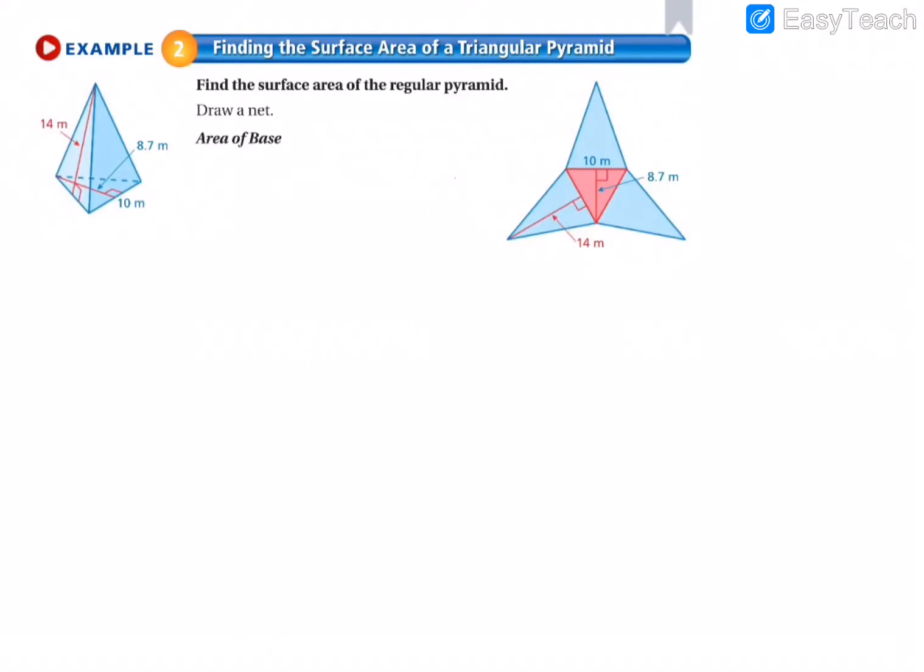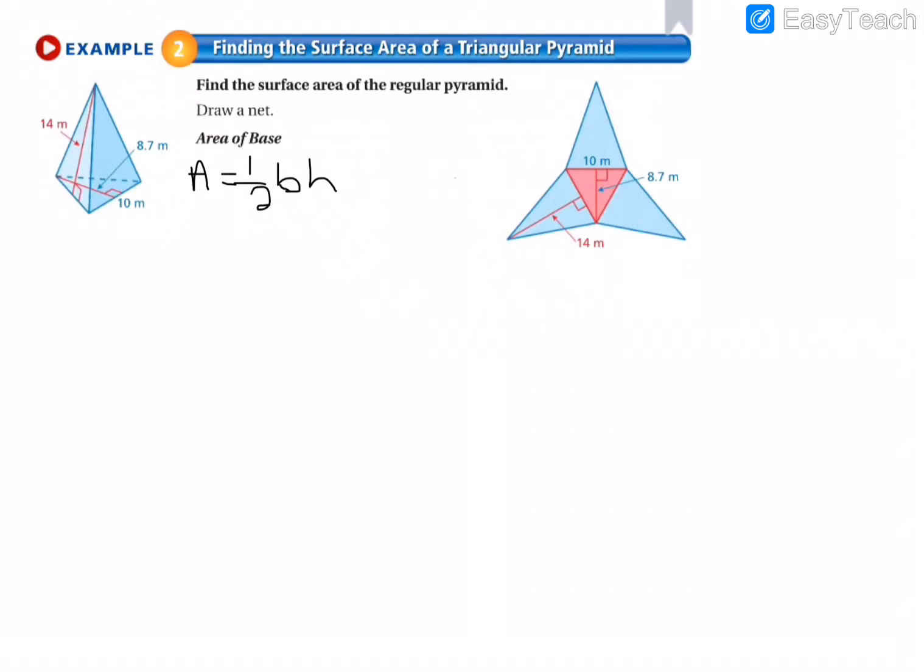We need to find the area of the base, and again, area is 1/2 base times height because this is a triangle. Let's see, my base of the triangle is 10, and the height is this line right here, which this arrow is pointing to, 8.7.